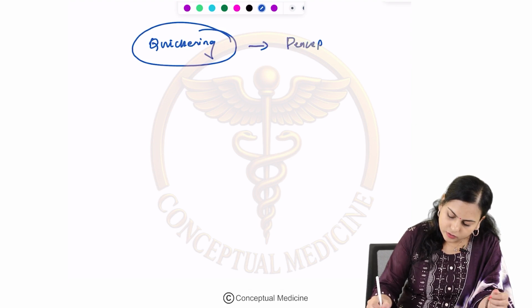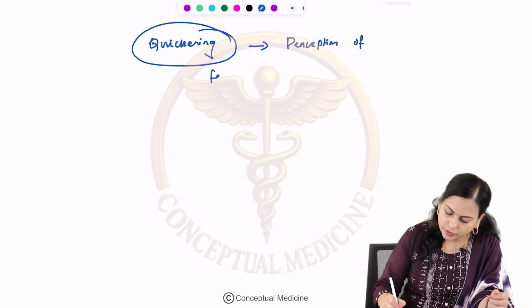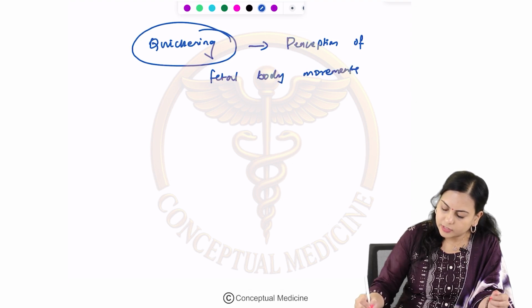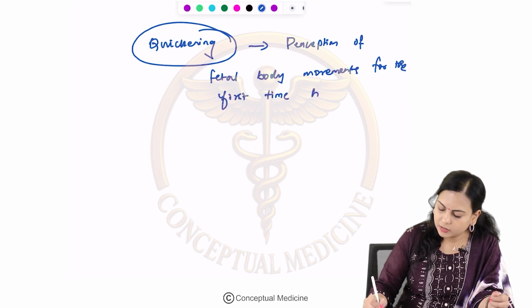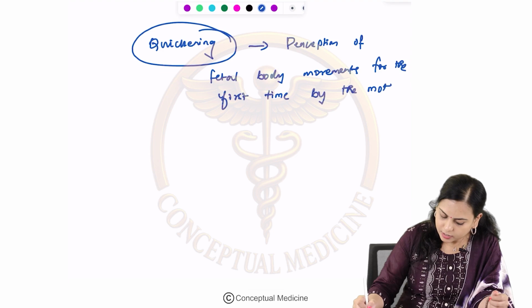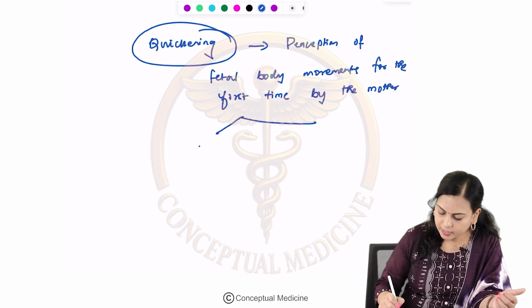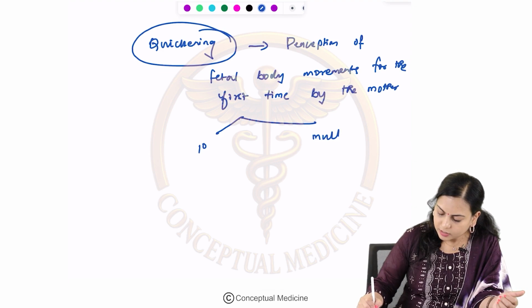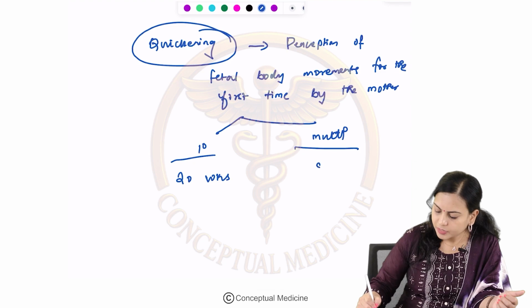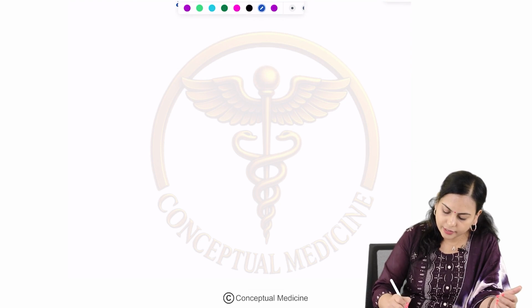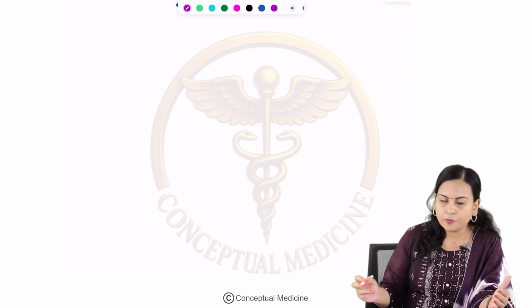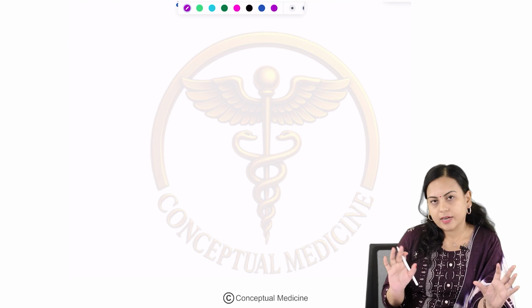So, perception of fetal body movements for the first time by the mother. And this is usually around 20 weeks in a primigravida, and it will occur much earlier in case of multigravida. Clear?